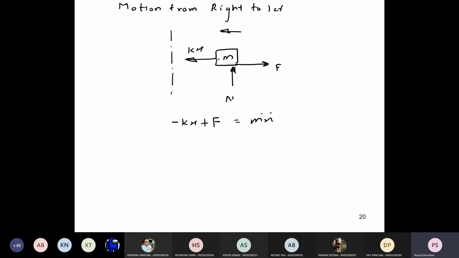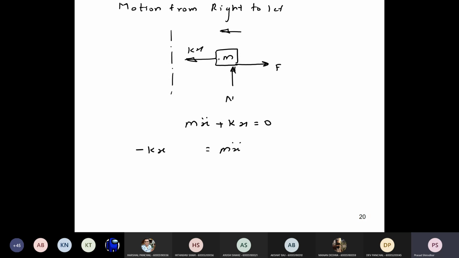Let me just explain what I am doing. I am not applying the sign convention to this spring force. I am using this as the governing differential equation, mx double dot plus kx is equal to 0. I am rearranging the terms and writing minus kx equal to mx double dot.